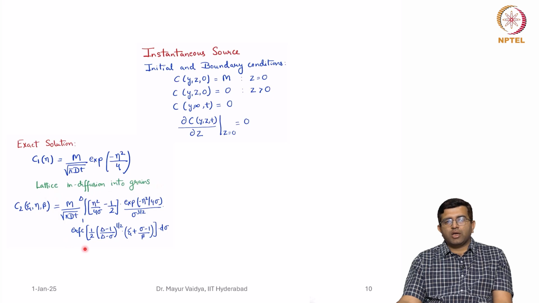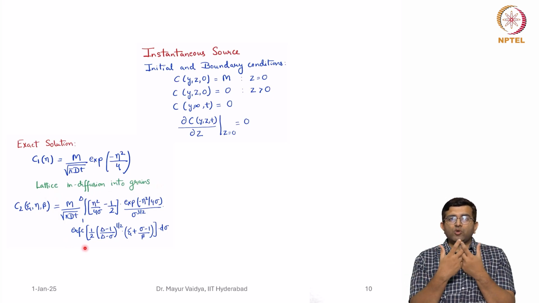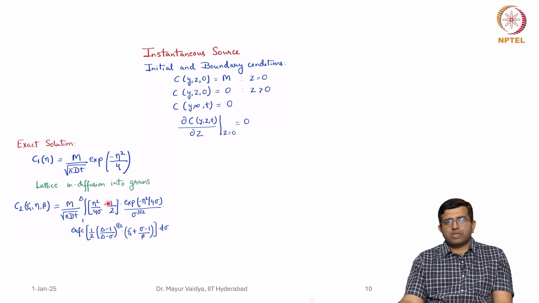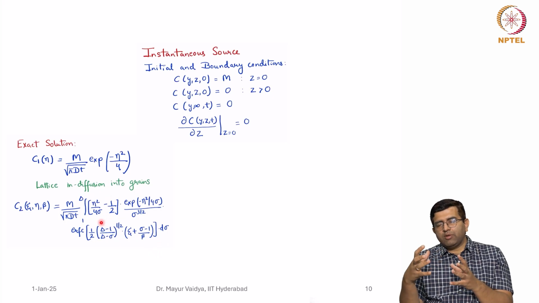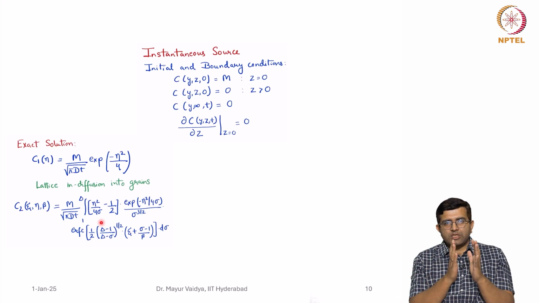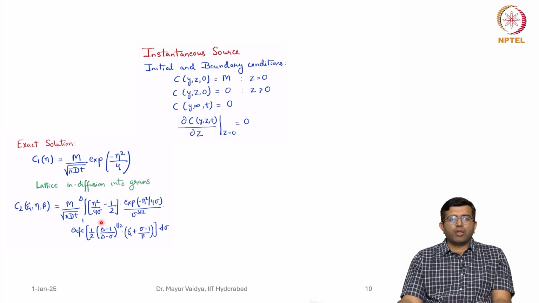The second part, again you have the 2 dimensions involved here. So, it is rather complex, and it is represented by this integral. The exact derivation of this is beyond the scope of this course, but I am just giving you the expression to impress upon you the complexity of analyzing the grain boundary diffusion problem.